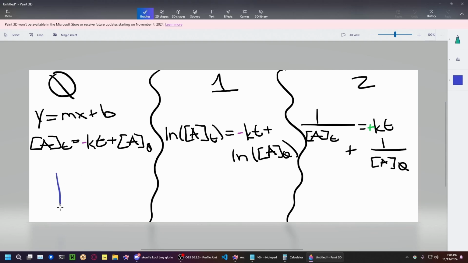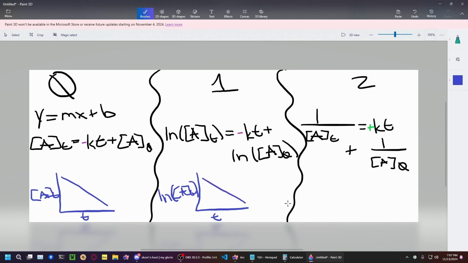So on a graph, if you're plotting just the concentration versus time and you get a negative slope, then you know that it's zeroth order. If you're plotting the natural log of your concentration versus time and you get a negative slope, you know that that's first order.